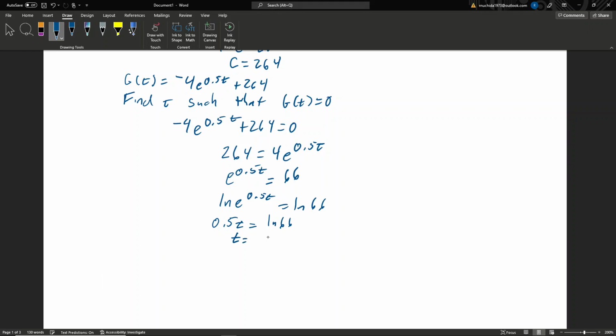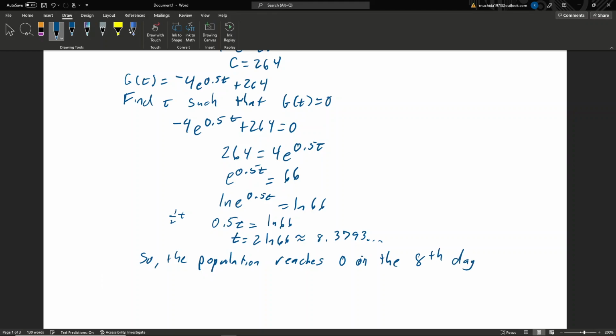Divide both sides by 0.5, which is the same thing as multiplying by 2, because 0.5 is 1/2. So that would be 2 times the natural log of 66. If you plug that into your calculator, that'll be about 8.3793. So the population reaches 0 on the 8th day.